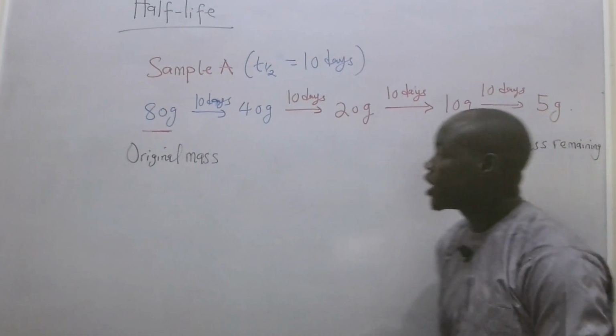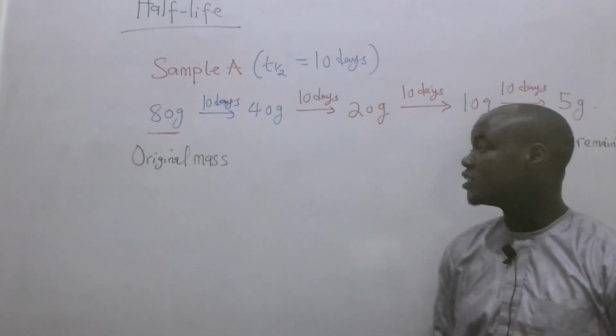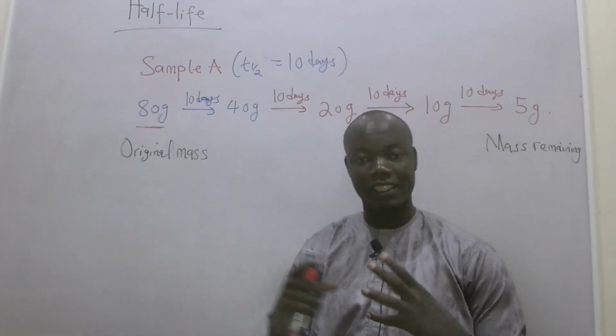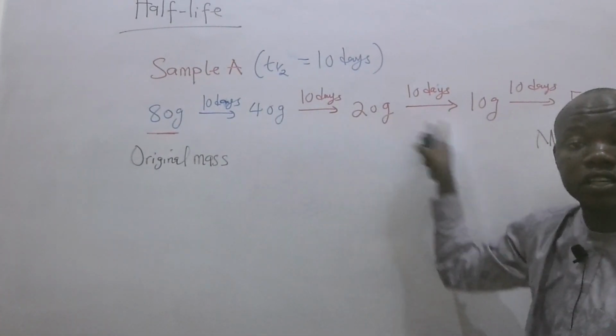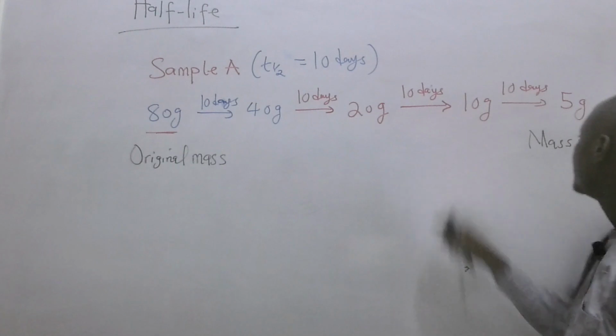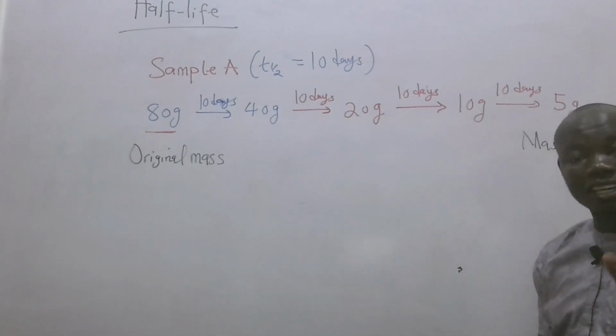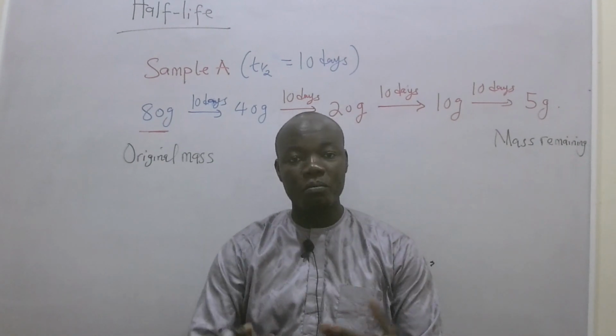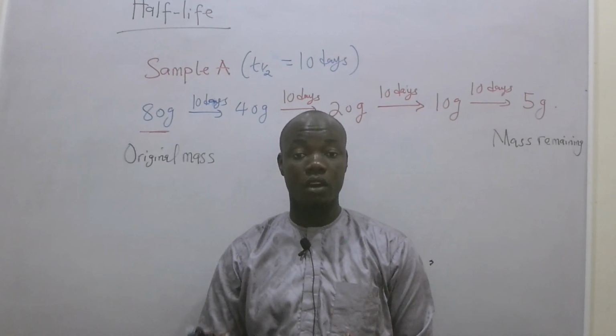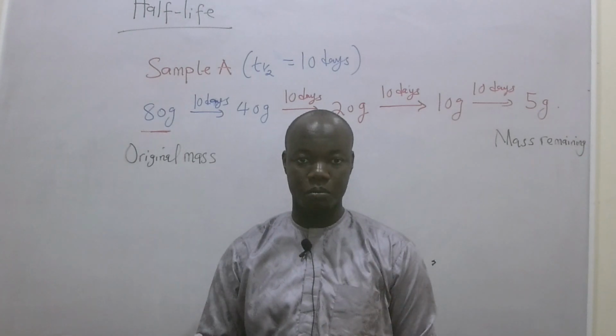So here we have two important parameters. We have original mass, that is the starting mass, and then we have the final mass after the series of half-lives, which is called mass remaining. And in addition, we have also the number of half-lives undergone by the radioactive material.